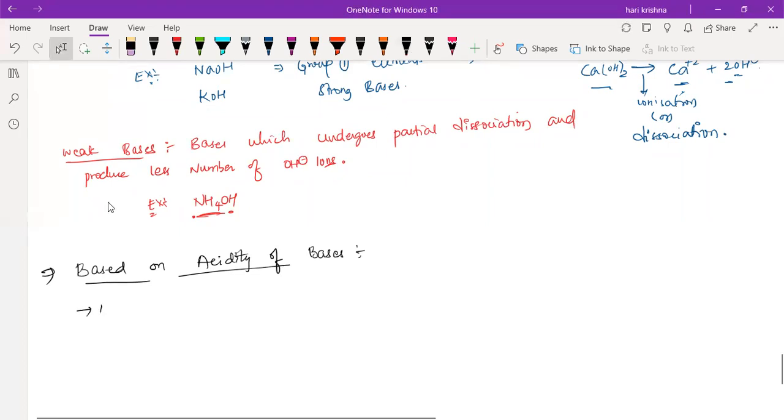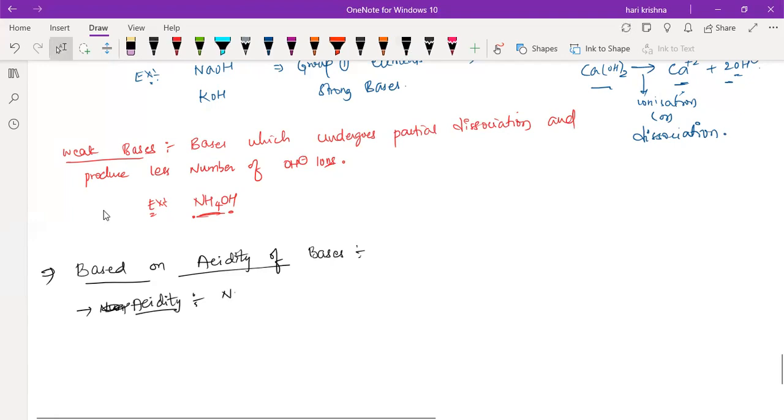I'll give you the example first. We'll write the definition of acidity. And one more thing: this acidity is different from the acidity which is caused in the stomach. The spelling is the same there also. Are you understanding what I am telling?